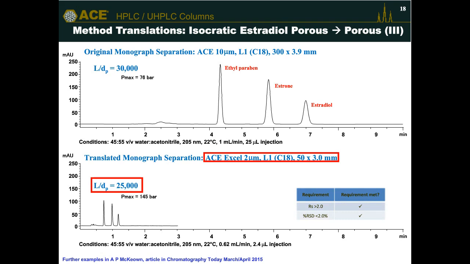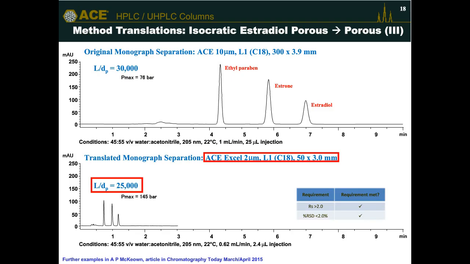So here it's only a 5 centimeter column with 2 micron particle size. But it is still separating out our 3 analytes of interest and meeting the requirements from the monograph. So we have a method that's under 1.5 minutes, and it does everything that we need it to do. So you see you've saved a considerable amount of time. The back pressure is over double what we had originally, but it's still within the usable HPLC limits.